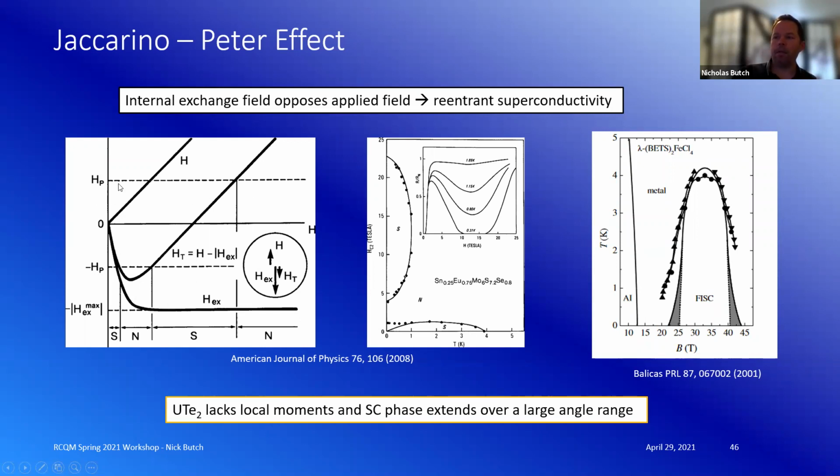And if you have some kind of limit, you can imagine a situation where you're dipping from superconducting into the normal state, back to superconducting, and then finally into the normal state. This mechanism is responsible for reentrant superconductivity in Chevrel phases from a long time ago, and also in things that are still being studied, organic superconductors. But the building blocks of this kind of effect aren't really evident in uranium ditelluride.